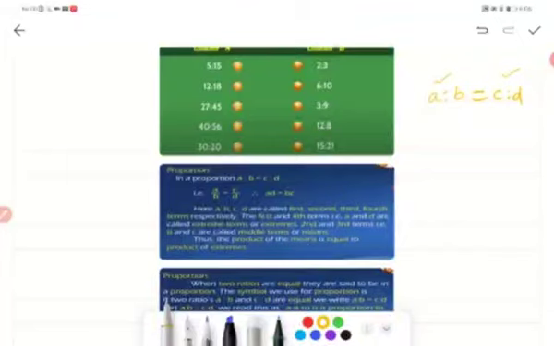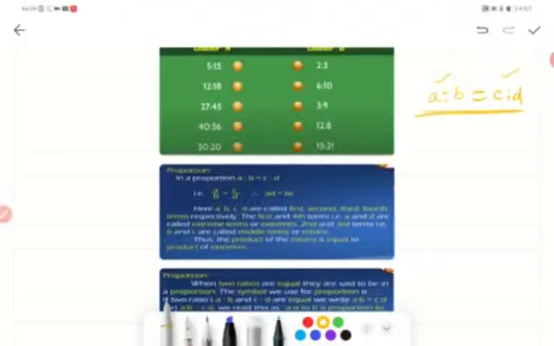The same example you can apply, and you can say that they are in proportion. You'll have two ratios, though they have different values. When you convert them into their lowest form, the two ratios will be equal.